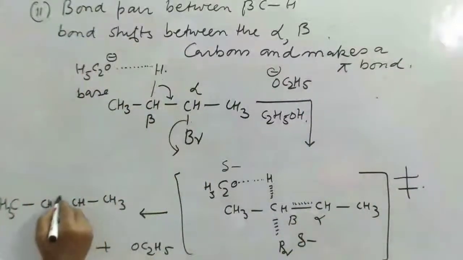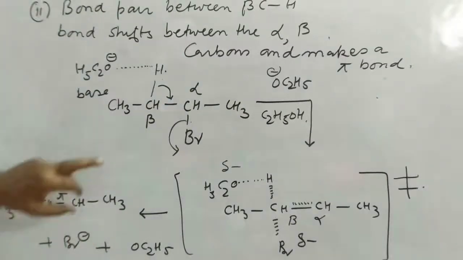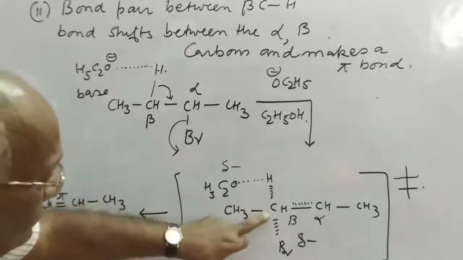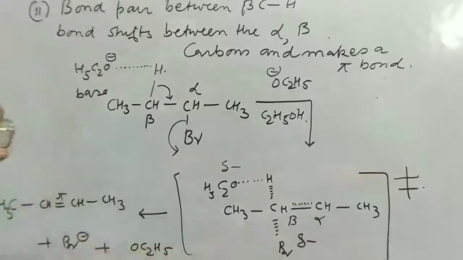So this is the pi bond. And lastly, when the pi bond is complete, bromine goes out as bromide.